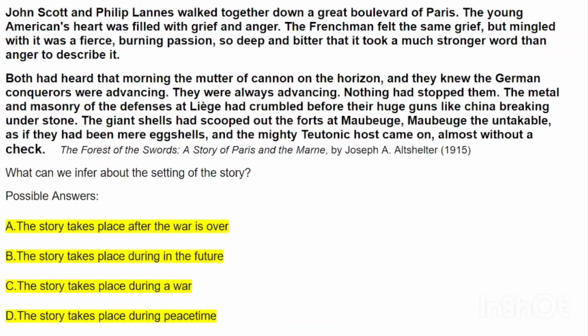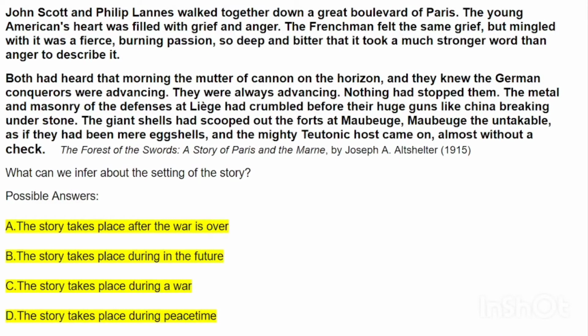The metal and masonry of the defenses at Liege, I don't know how to pronounce that word, had crumbled before their huge guns like china breaking under stone. So clearly, the metal and masonry of the defense that they had up has crumbled with the Germans' huge guns like china breaking under stone, right?